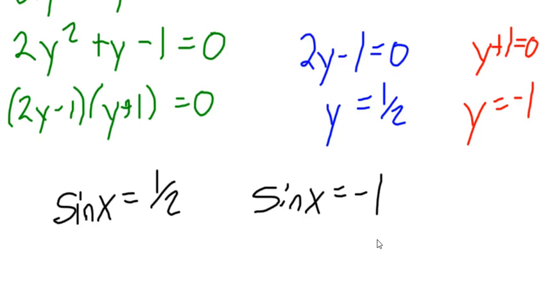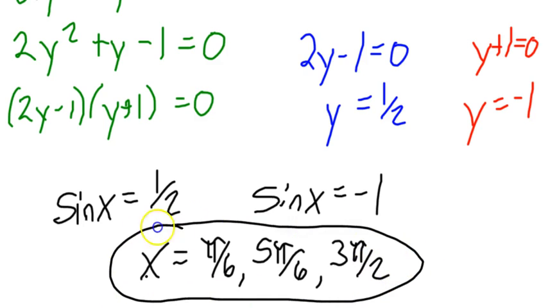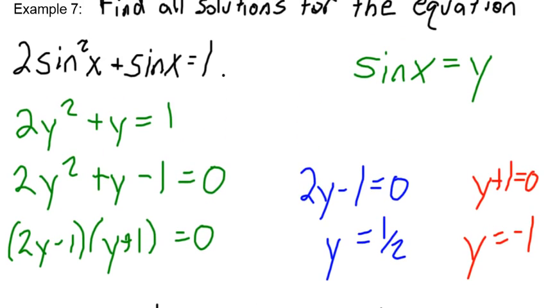The values where sine of x is equal to 1/2 are pi over 6 and 5 pi over 6. And the value where sine is equal to negative 1 is 3 pi over 2. So those are the three values for x that, if we would put those into this original equation, would make it true.